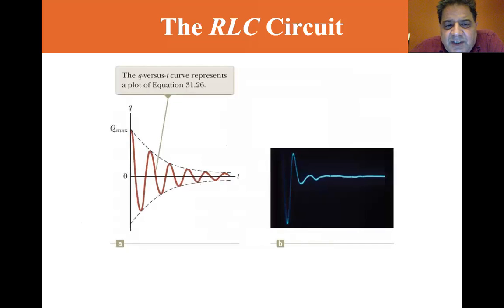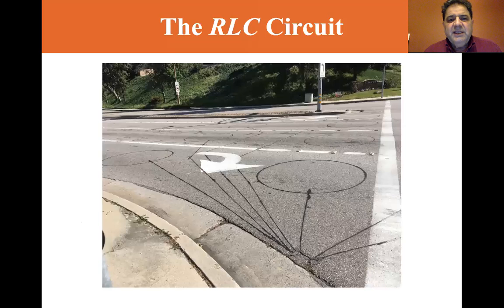And you'll see that the Q versus t curve represents a plot of equation 31.26, and there's an oscilloscope photograph of the damped oscillation. R is equal to the square root of 4 times L over C.